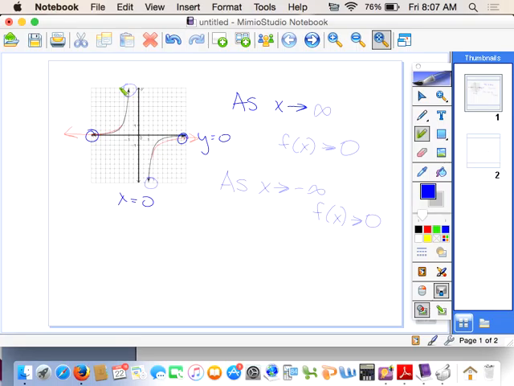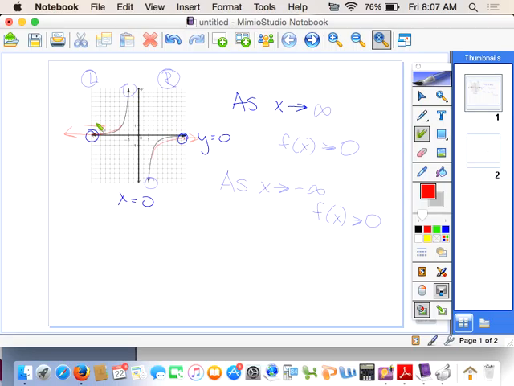Okay? So let's talk about what's happening to x. Well, we've got the left side of our graph and we have the right side of our graph. So as x is moving from the left side, we're moving to 0 from the left side.